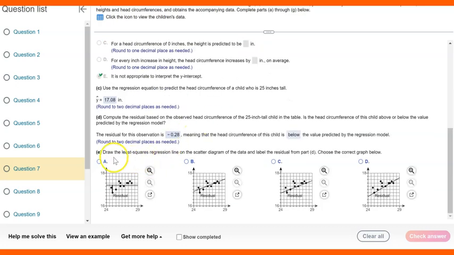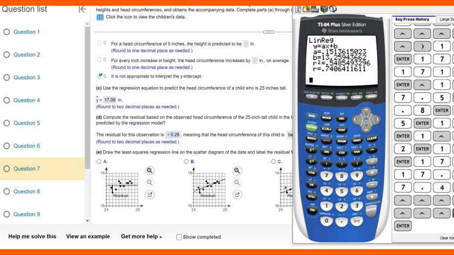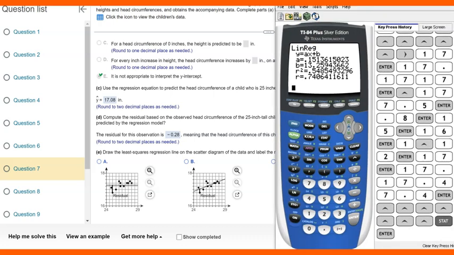Okay, question number 4E. Draw the least squares regression line on the scatter diagram of the data and label the residual from part D. Okay, I'll show you how to do it in the calculator. Here you go. This is the calculator. You already have the data, and you know how to do second stat plot. Make sure this is on, and this must be highlighted, right?